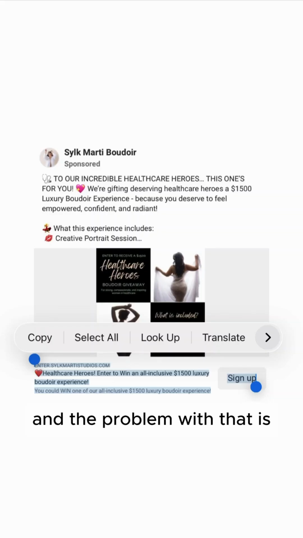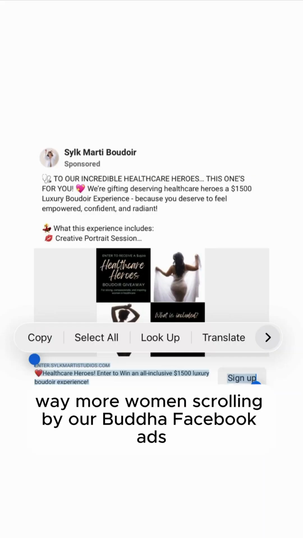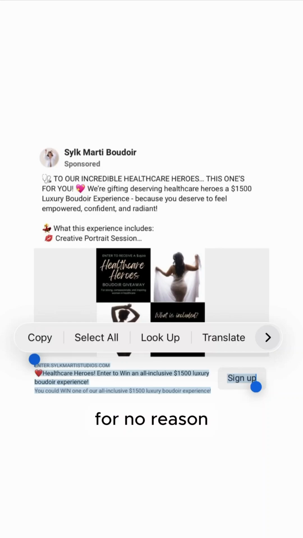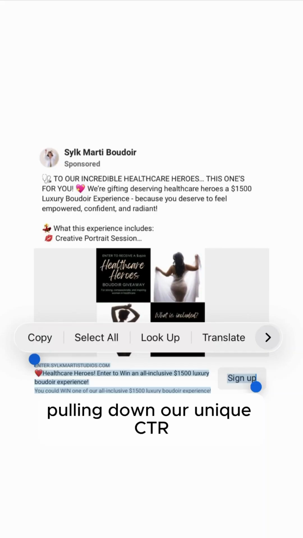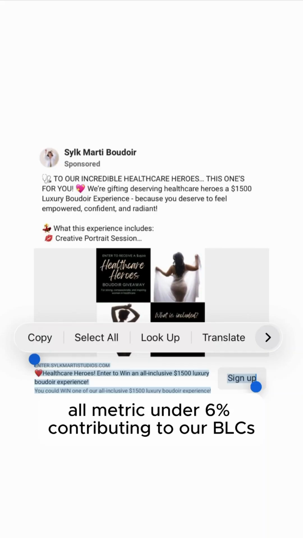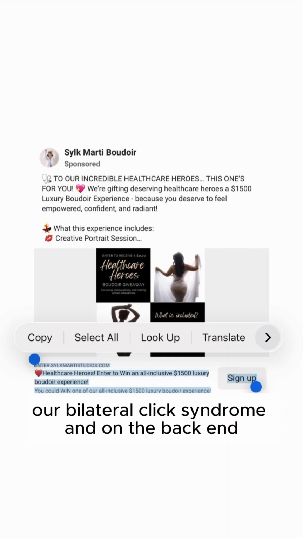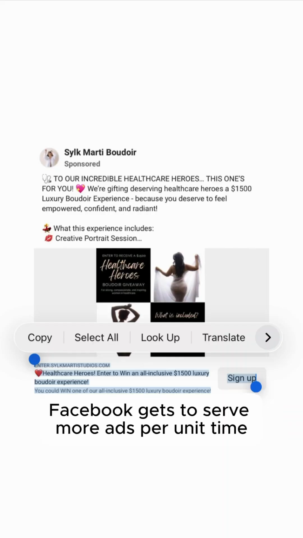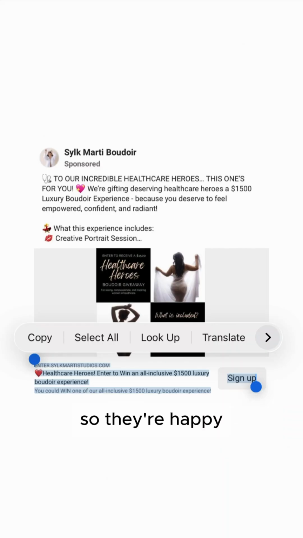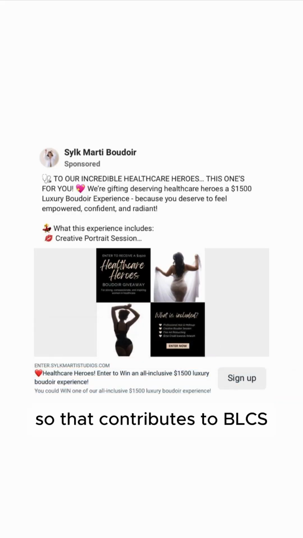And the problem with that is the consequences it causes, which is way more women scrolling by our Boudoir Facebook ads for no reason, pulling down our unique CTR metric under 6%, contributing to our BLCS, our Boudoir low click syndrome. And on the back end, Facebook gets to serve more ads per unit time, so they're happy. And we got fleeced. So that contributes to BLCS.